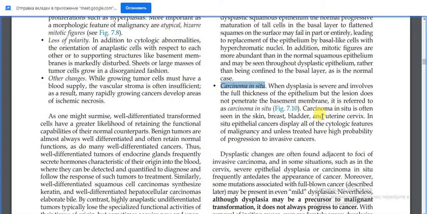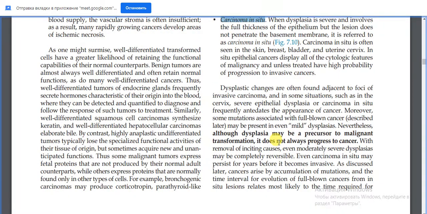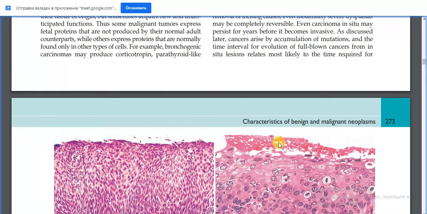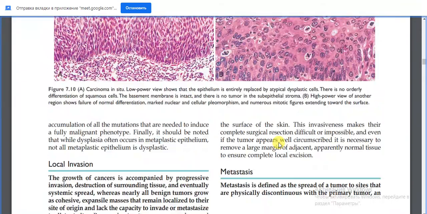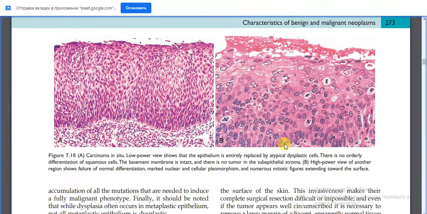I spoke about it in the last lecture, so let's continue. Dysplasia is usually a precursor of malignant growth.